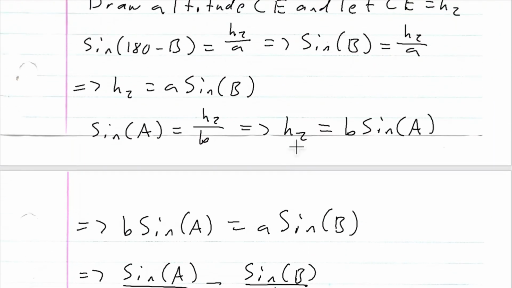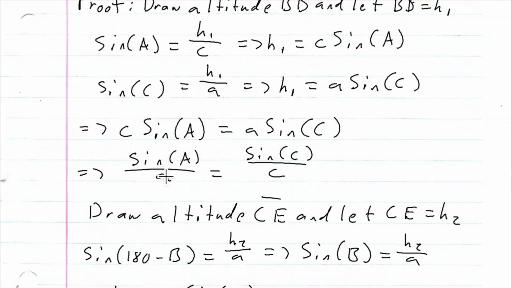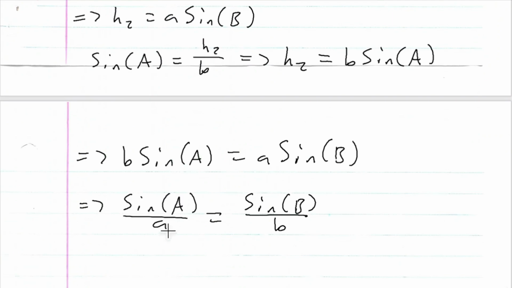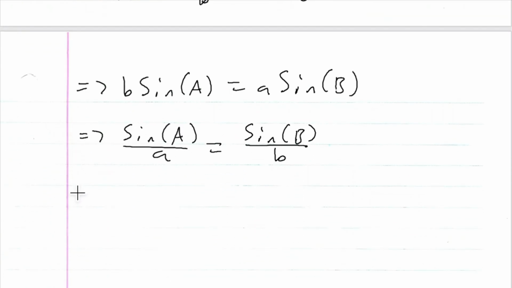And look at what we've done. We have sine of A over a is equal to sine of C over c, and sine of A over a is equal to sine of B over b. So we can connect them really nice, right?